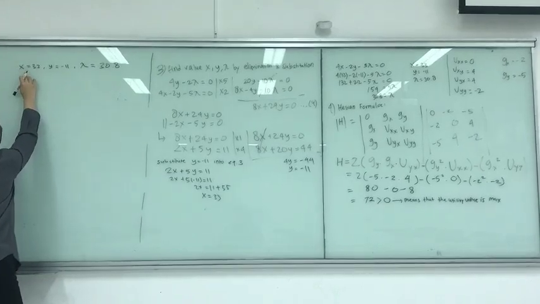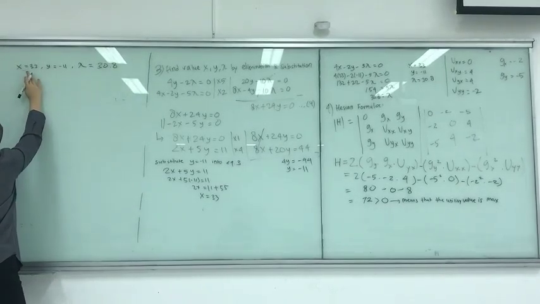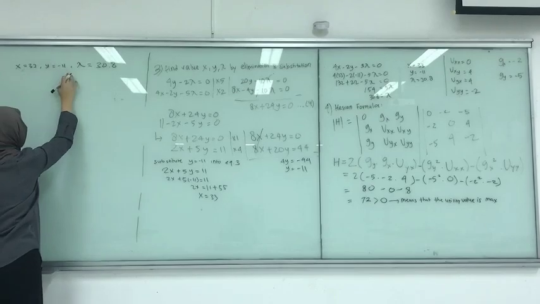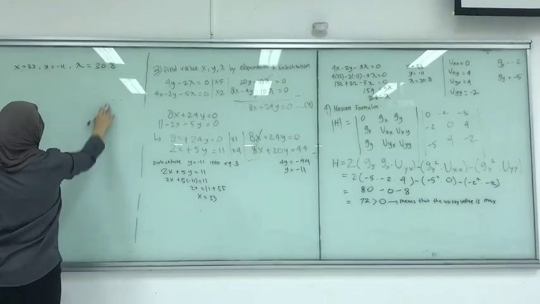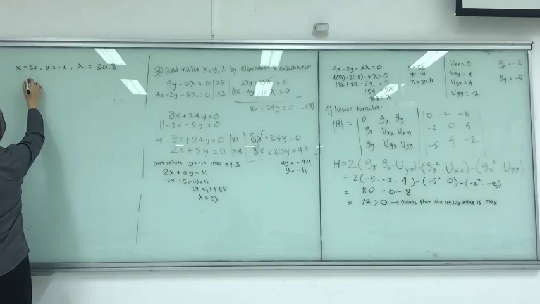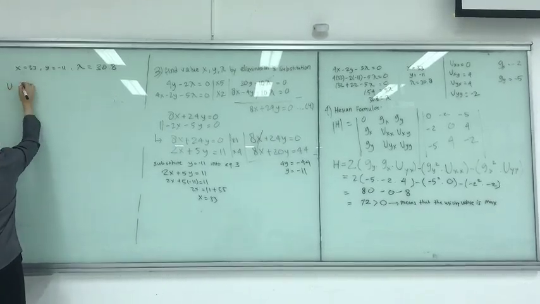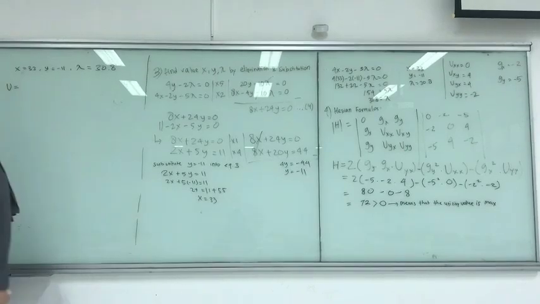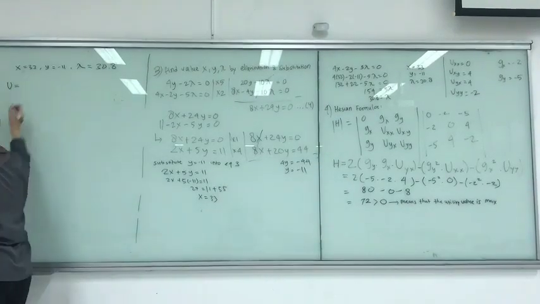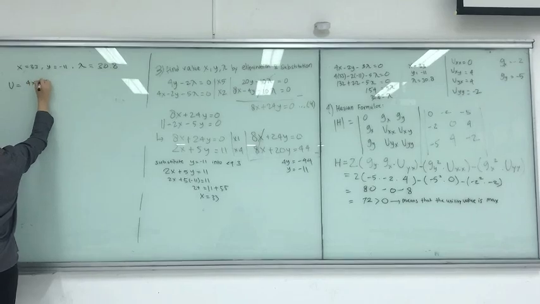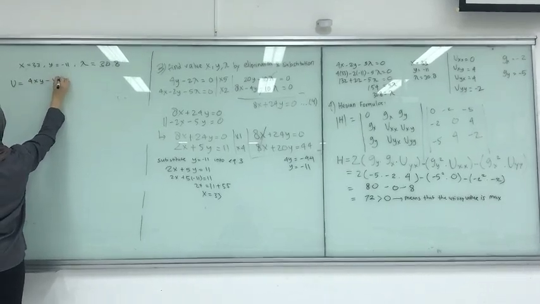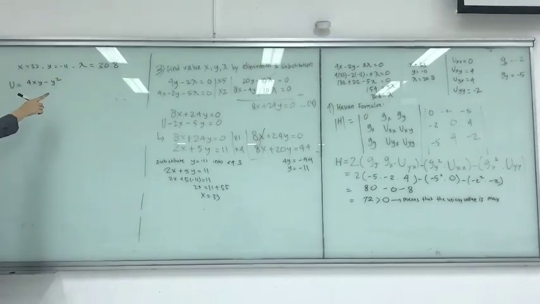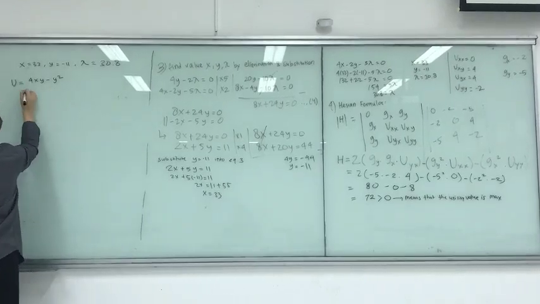So we found x equals 33, y minus 11, and then we substitute these values into the utility function. I forgot the utility function. Oh, 4xy minus y to the power of 2. Right.